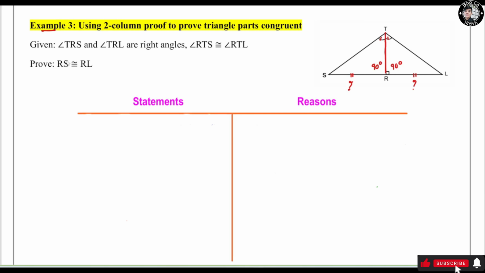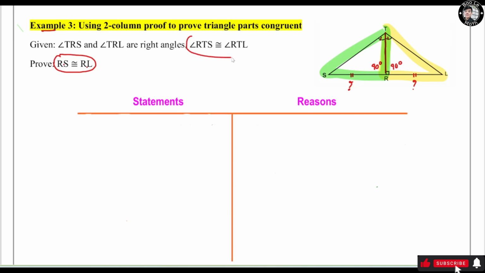In order to prove that RS is congruent to RL, we need to put RS and RL into two triangles, triangle TSR and triangle TRL. Then we can use CPCTC to conclude that RS is congruent to RL.